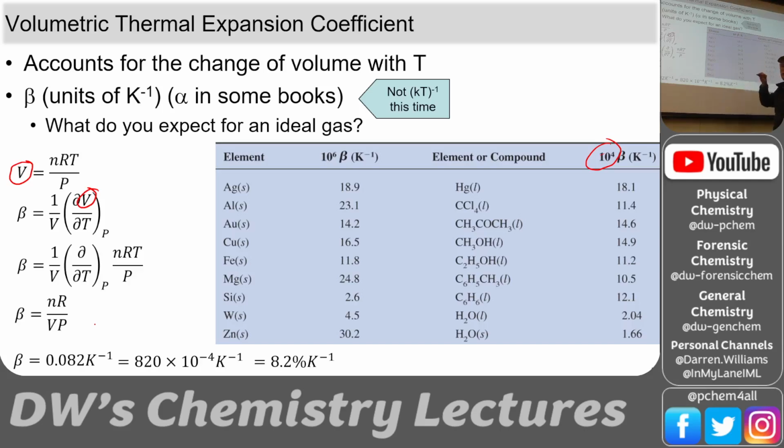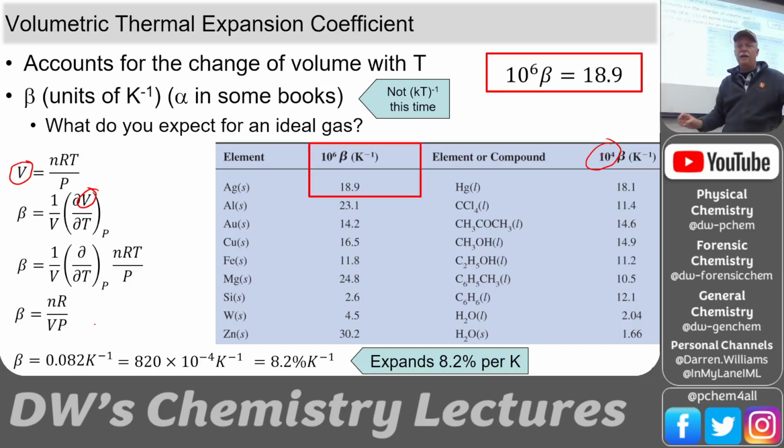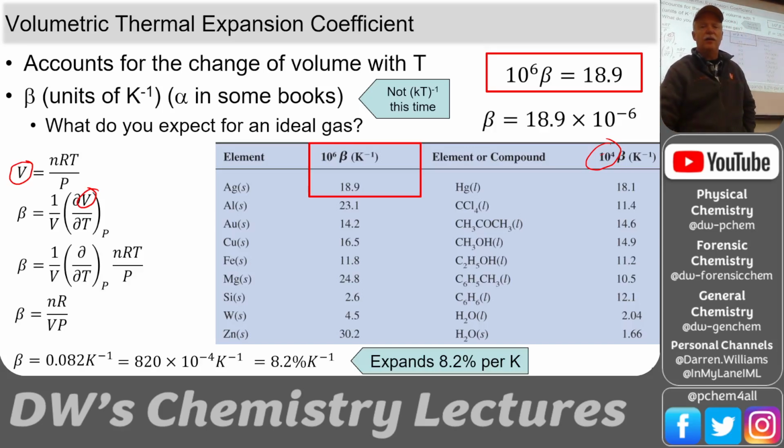The way you should read this table is that 10 to the 6th beta is equal to 18.9. And so you'd solve for beta by dividing both sides by 10 to the 6th. Beta is equal to 18.9 times 10 to the minus 6.